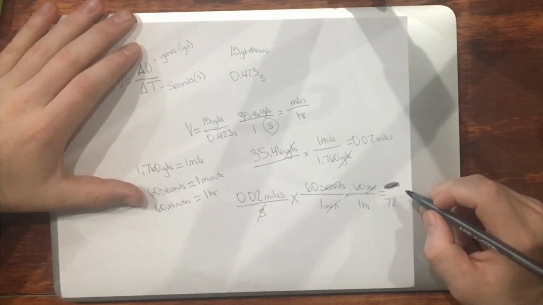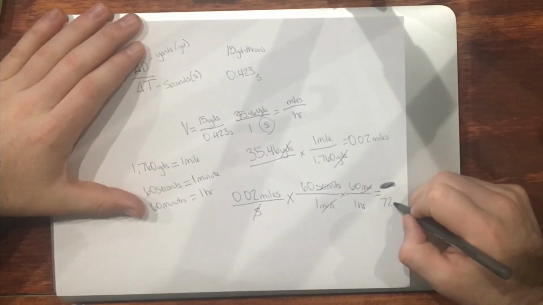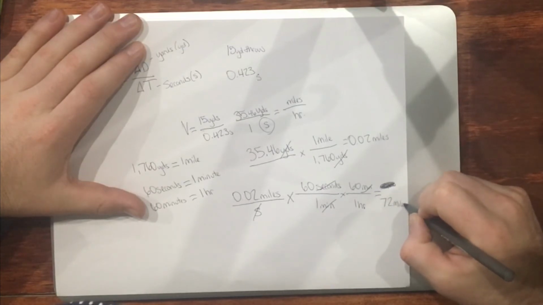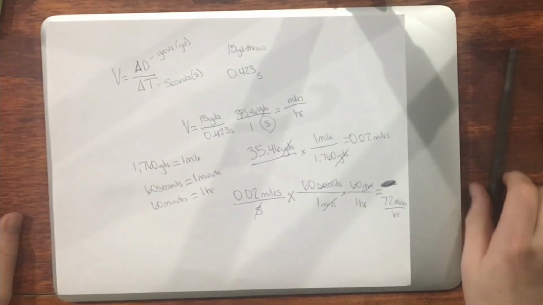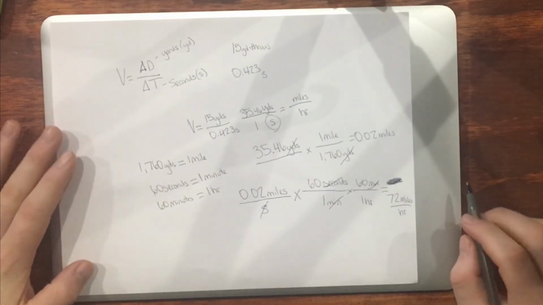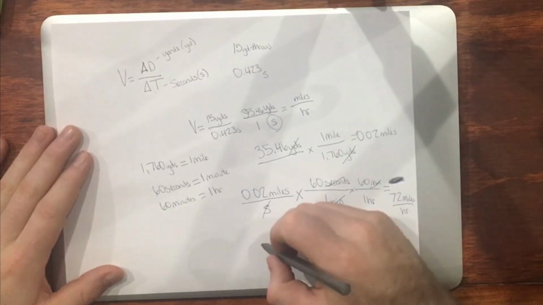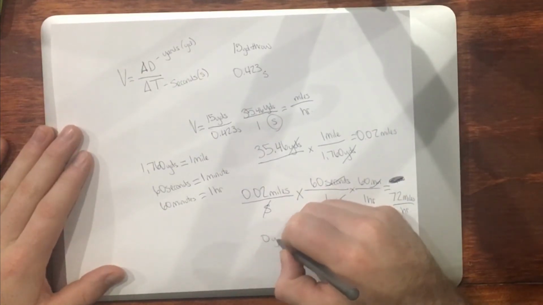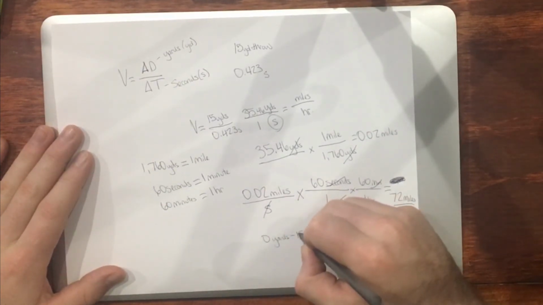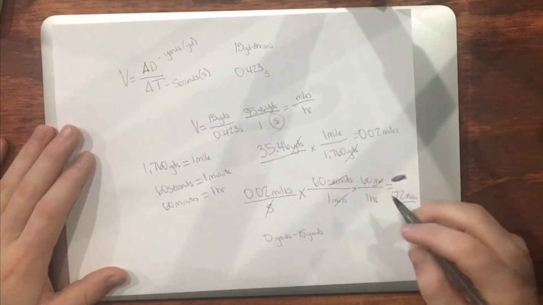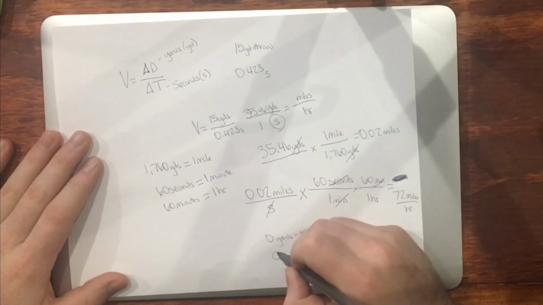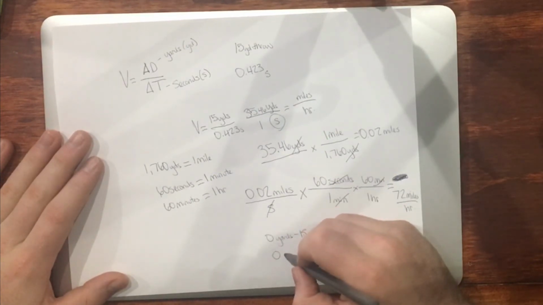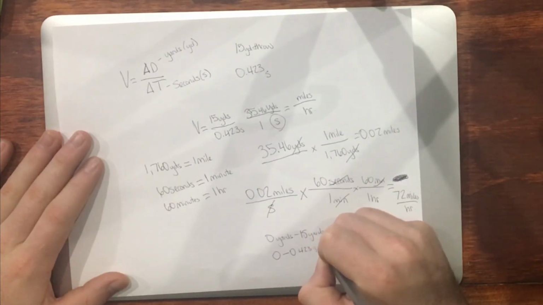So that means that we are throwing approximately 72 miles per hour. And there you have it. Our end result is our change of distance, which was from 0 yards to 15 yards, and our change in time, from whenever we threw the ball, which would have been 0, to whenever we calculated it, 0.423 seconds.